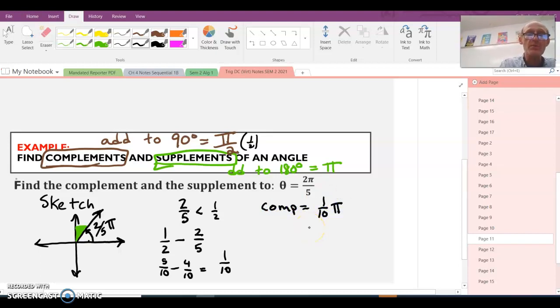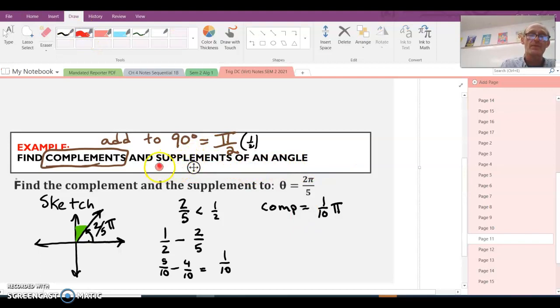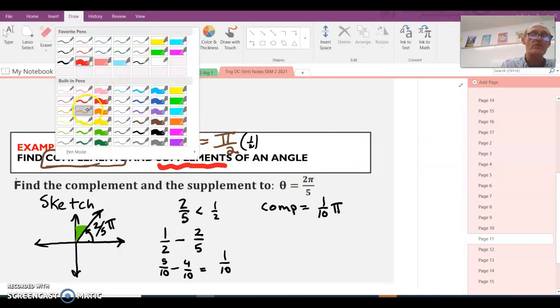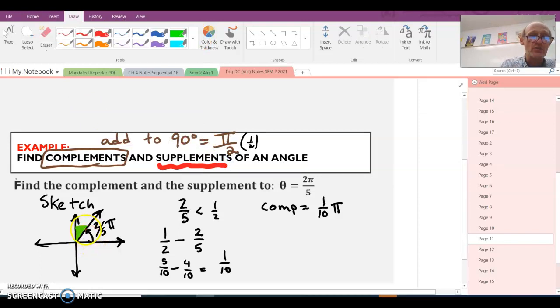Now, the supplement to the angle is the angle that you add to 2/5 to get 1 pi. So the supplement to this angle is going to be pi minus 2/5 pi.